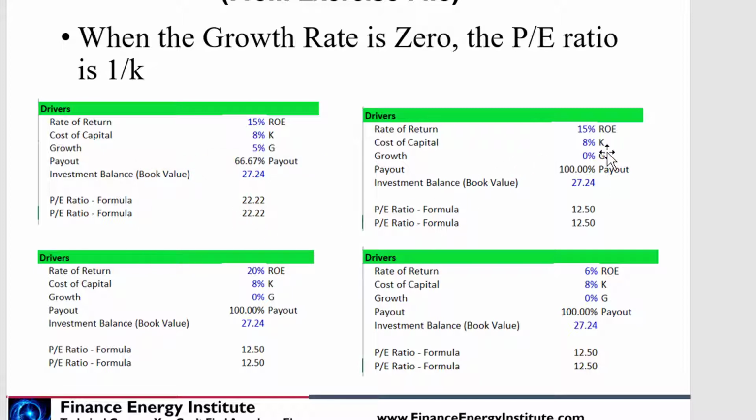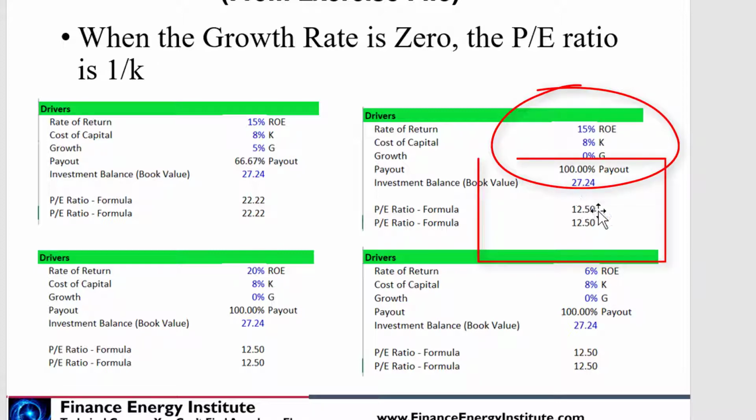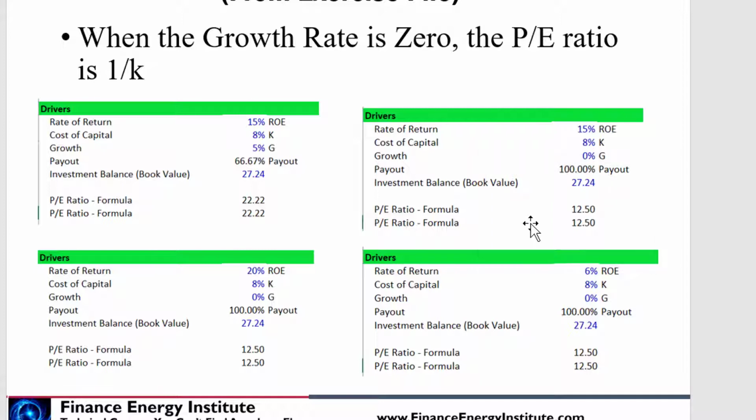But when we put 0 growth, even with a return that exceeds our cost of capital, then our PE ratio goes way, way down. So how fast can you grow? How long can you grow by making investments that are positive because the cost of capital is below the rate of return? Then your dividend payout ratio goes to 100%.